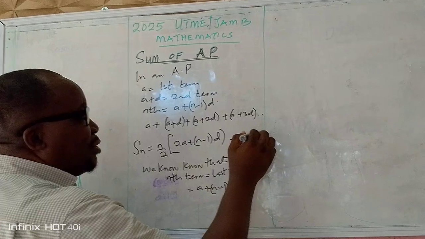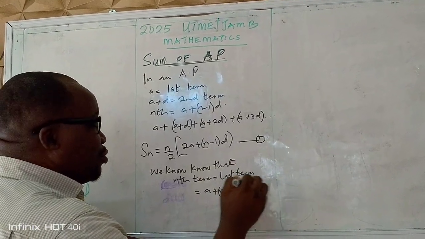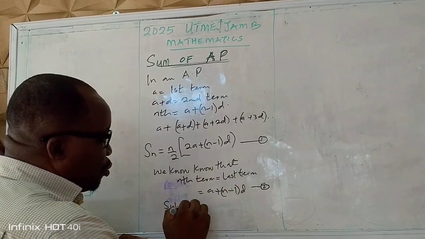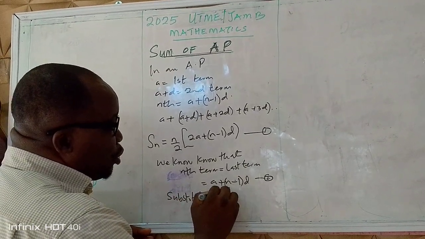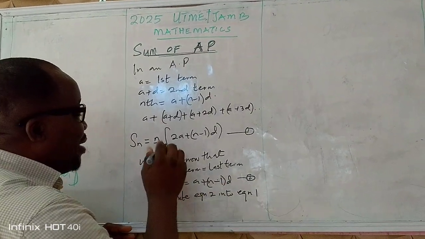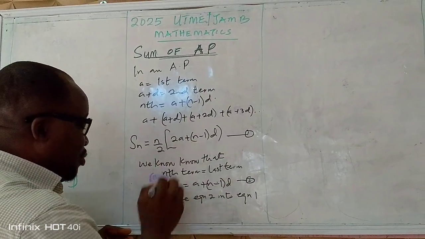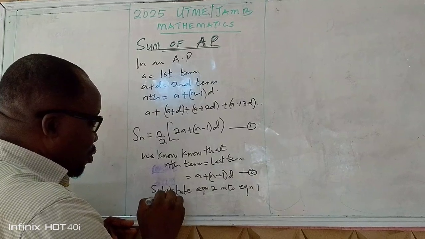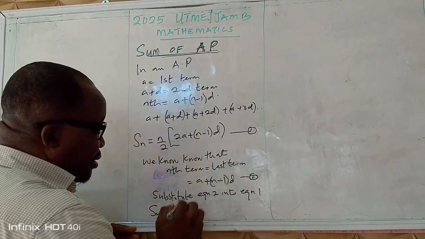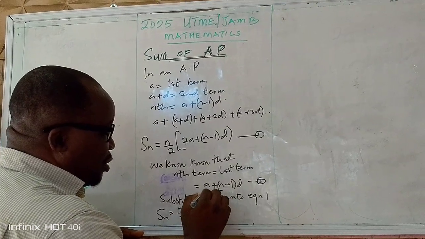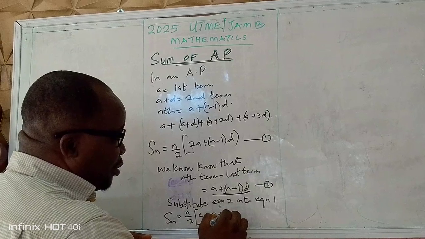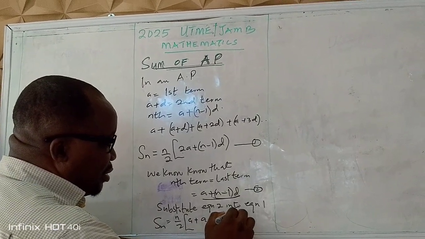So if we call this equation 1 and this equation 2, if I substitute equation 2 into equation 1, equation 1 will look more like this. The sum will become n over 2, open bracket, you can see this is a plus everything here, it is a plus (n minus 1) d.